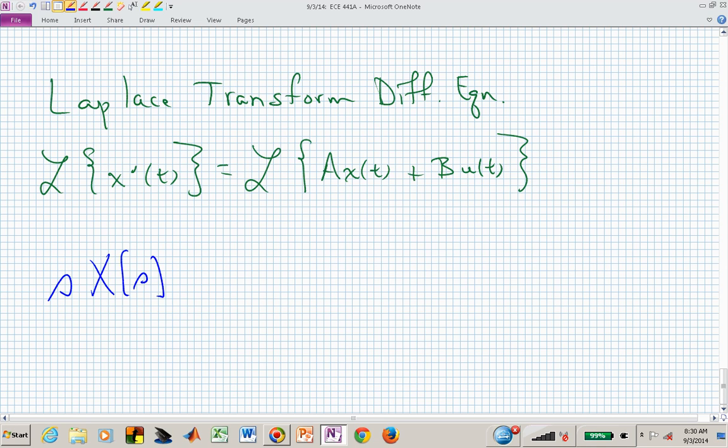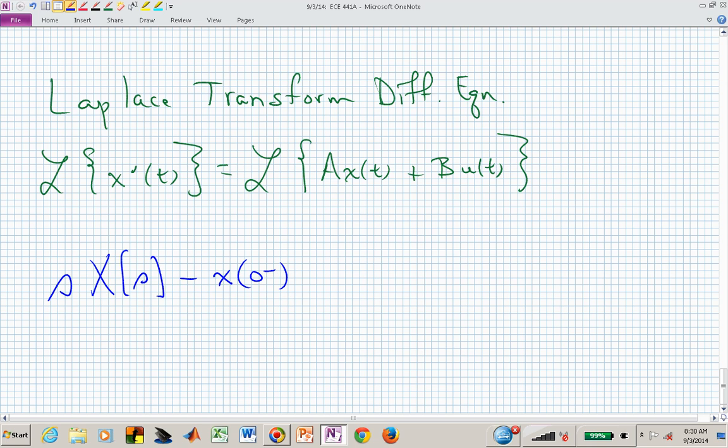Capital X of s is a tall, thin column vector. But then, if we're keeping track of initial conditions, we need to subtract X of 0 minus. That also is a tall, thin column, and that's initial conditions.